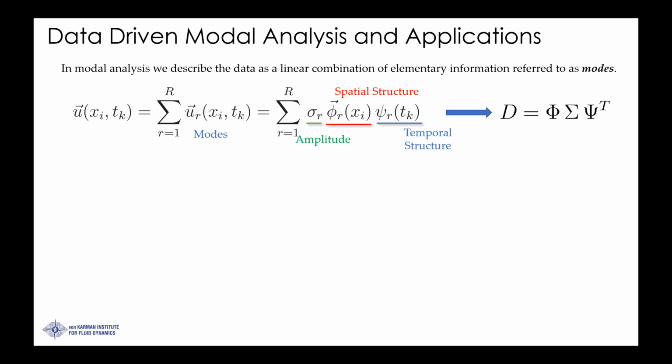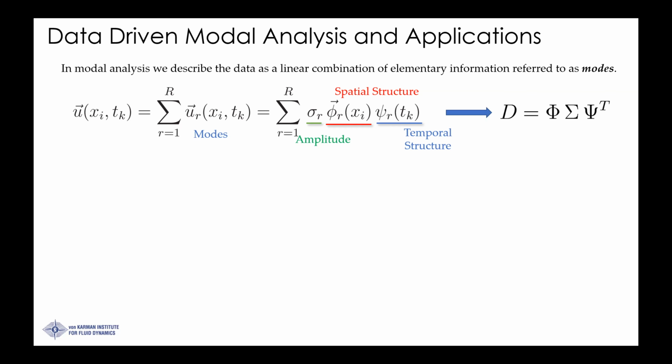Anyone have seen a factorization of this form, where this is a diagonal matrix, this is an orthonormal matrix, and this is also an orthonormal matrix? SVD? Yes, SVD. So the SVD is one of the many ways in which you can write this. Okay, we'll see one specific example, but as I said, there are many ways.